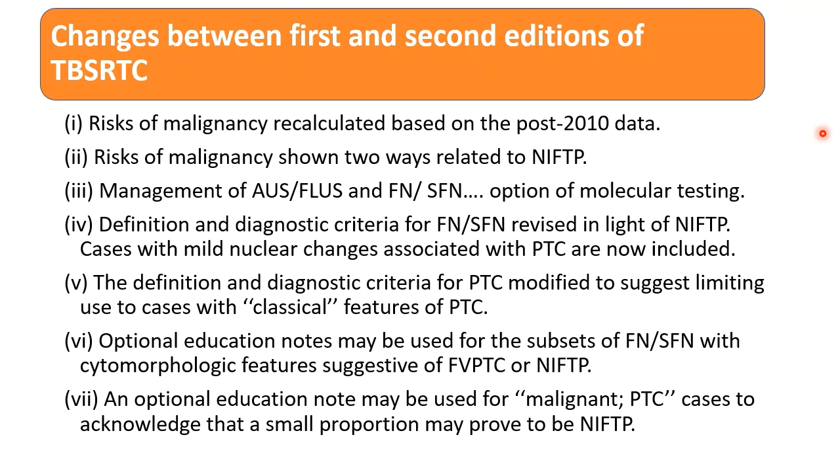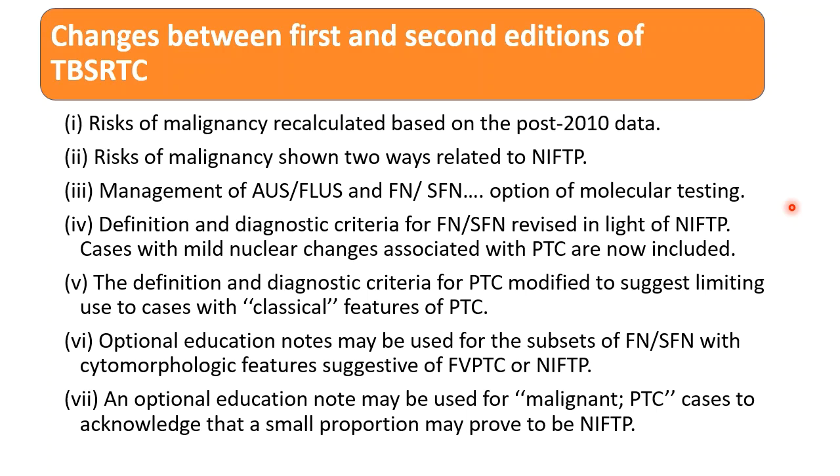So what were the changes between the first and second editions of the Bethesda system for reporting thyroid cytopathology? The risks of malignancy were recalculated in the second edition based on post-2010 data. Since NIFTP was introduced, the risk of malignancy was shown two ways: risk of malignancy if NIFTP is considered malignant, and risk of malignancy if NIFTP is not considered a carcinoma.